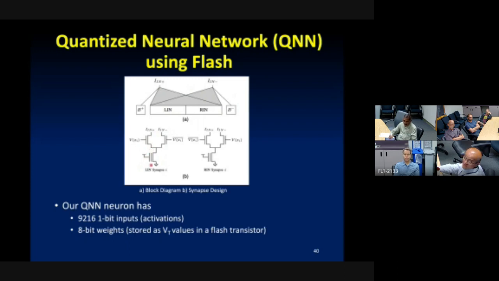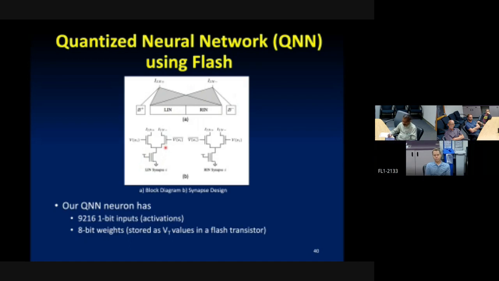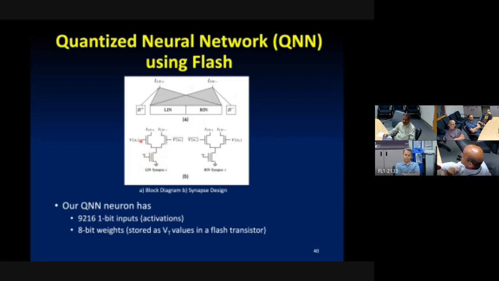There's a flash transistor at the bottom, which we program to carry the weight. In a neural network, all I'm doing is a large inner product, like WI XI. The WIs are stored in the flash transistor, and the XI turns on the current to either a positive branch or a negative branch. So we get a differential performance and therefore improved accuracy.